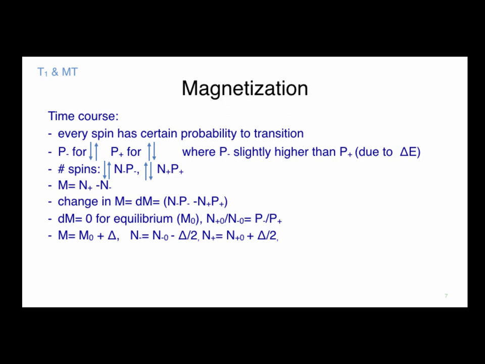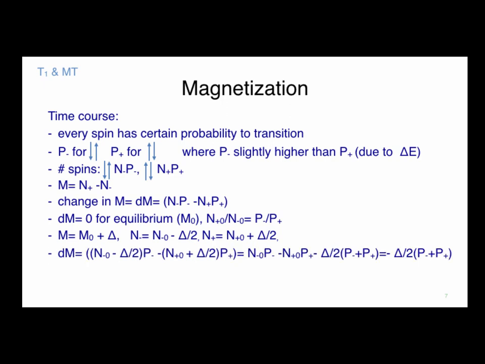So if you have some kind of a difference with respect to the equilibrium, now we can start to calculate how this difference evolves over time. You can derive that the change in magnetization is proportional to the distance from this equilibrium level times the combined transition probability.